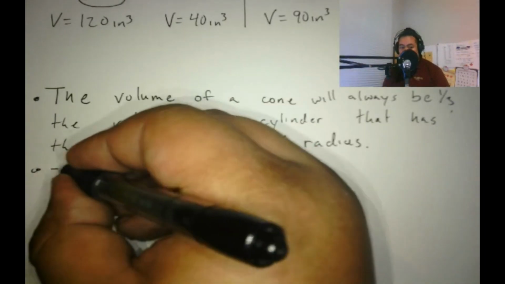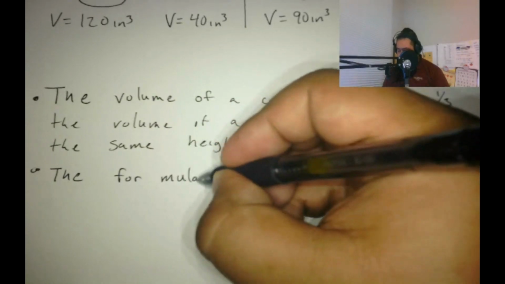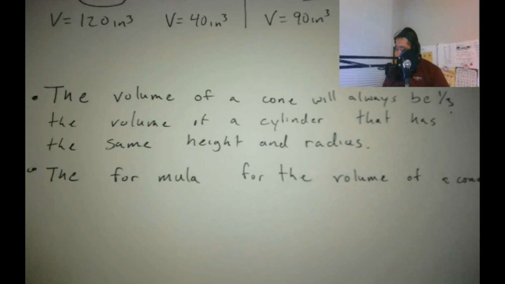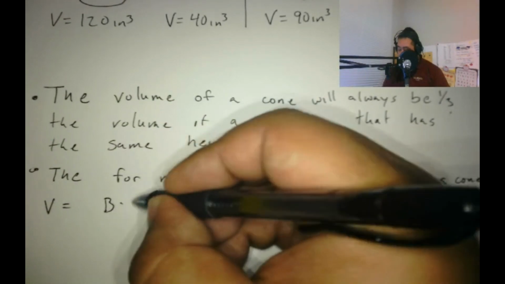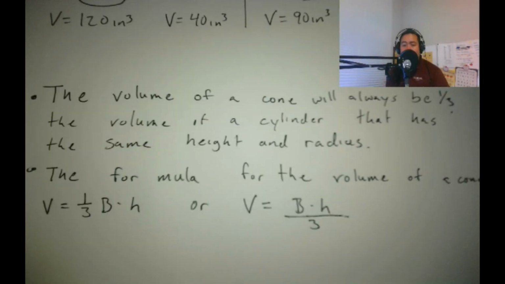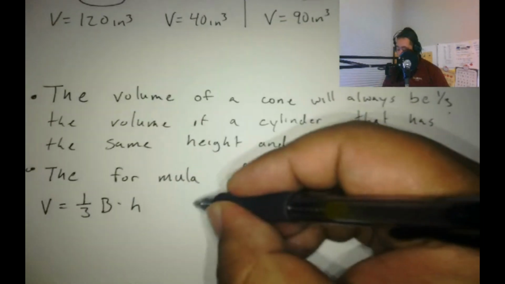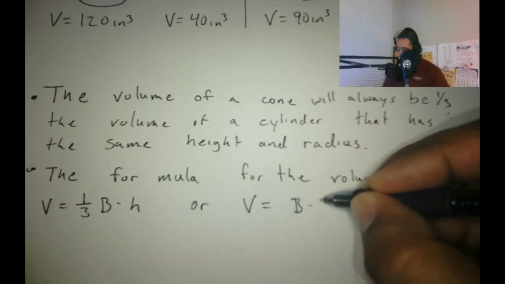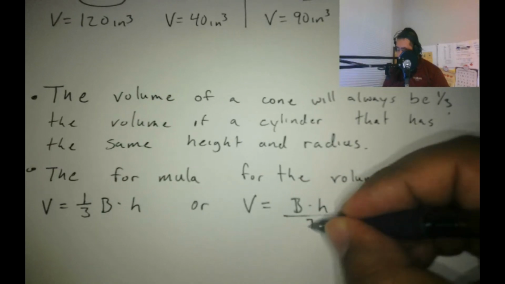The formula for the volume of a cone is volume equals big B, the area of our base, times the height, times 1/3, because the volume of a cone is always going to be 1/3 the volume of a cylinder. But when I'm working on my problems, multiplying by 1/3 can sometimes be difficult. So another way that I could write the formula is the volume equals the area of the base times height divided by 3.